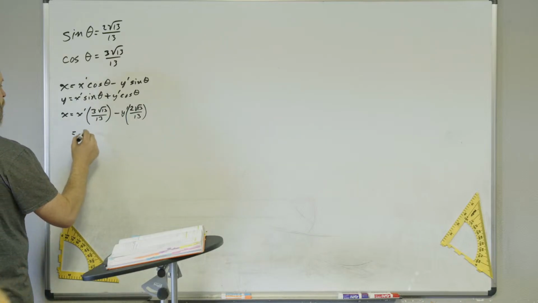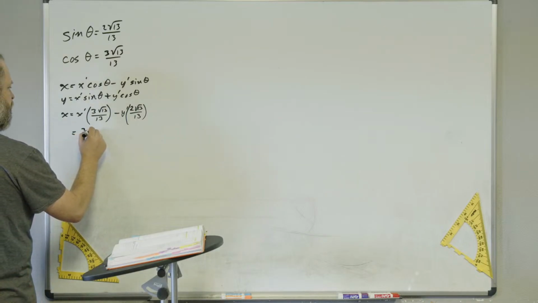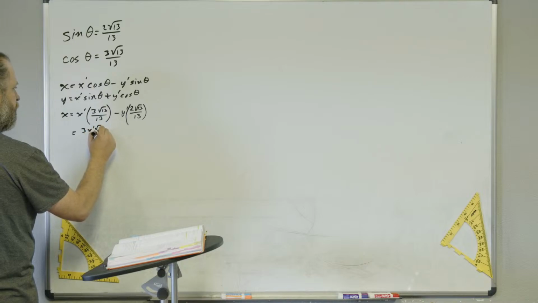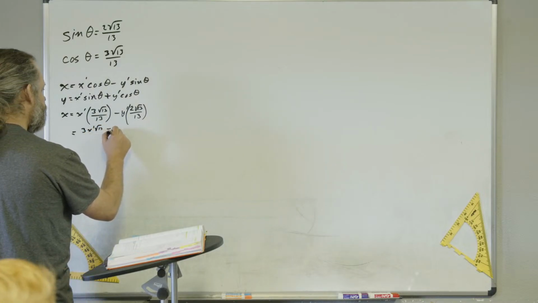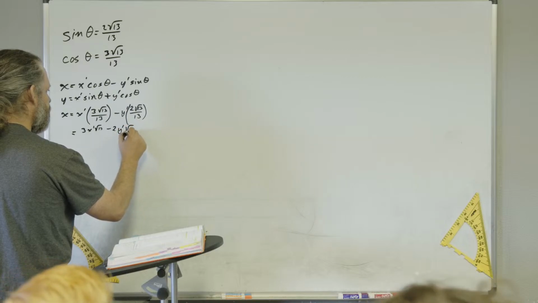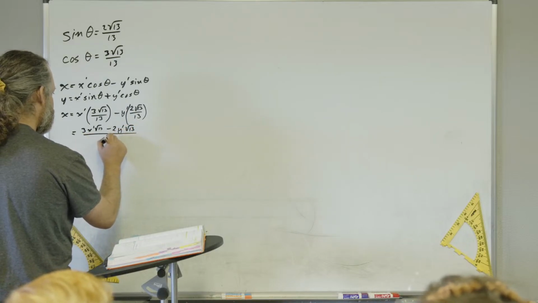As a single fraction, that would be 3x prime square root of 13 minus 2y prime square root of 13, all over 13.